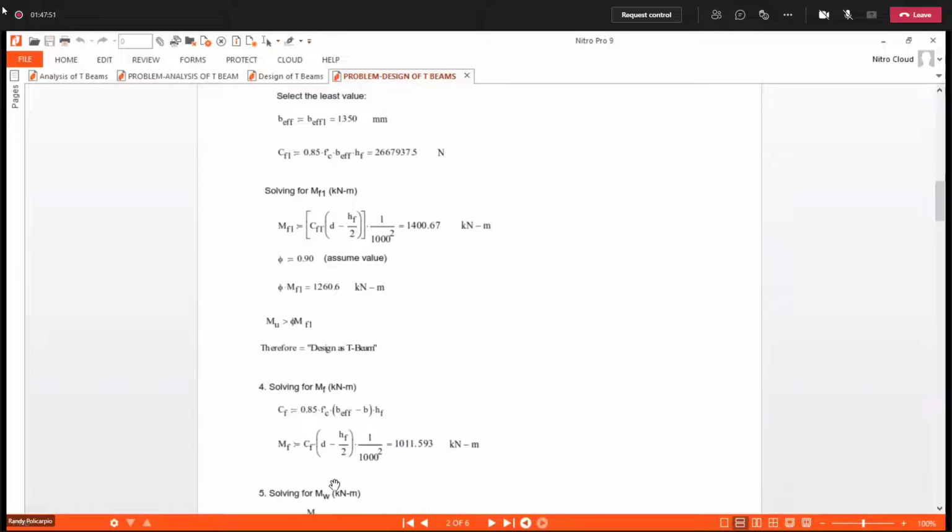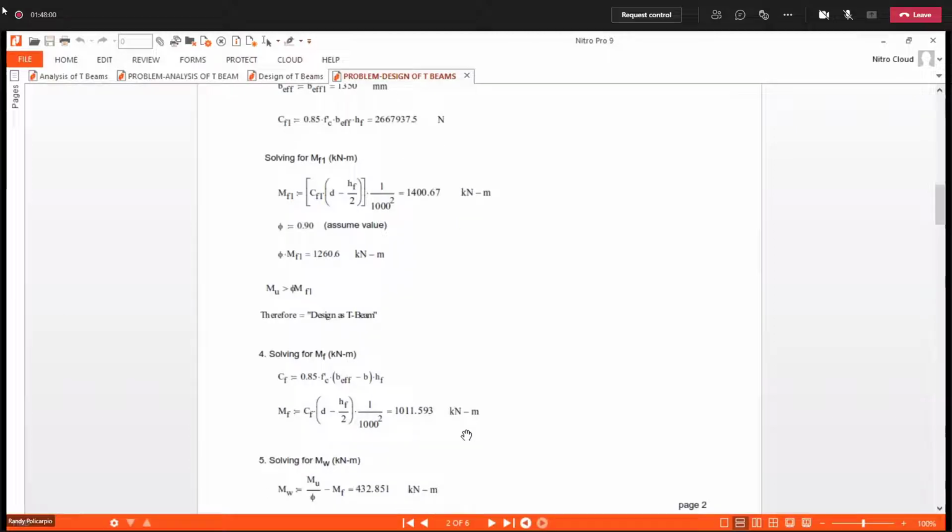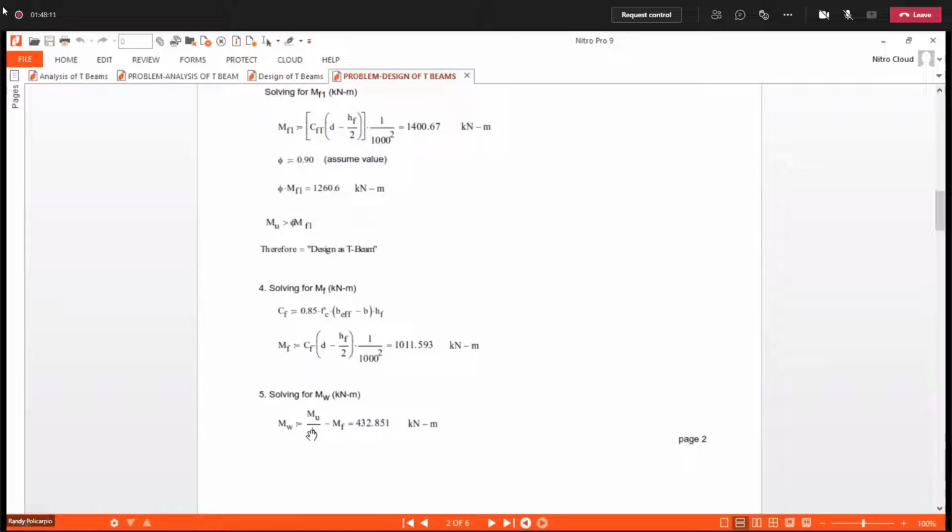Ito naman, we already subtract the web. Yung web natin, ayan, B effective minus B. And then we will solve for MF. So that is 1011.59 kilonewton meter. And then we will subtract this to get the moment capacity for the web.